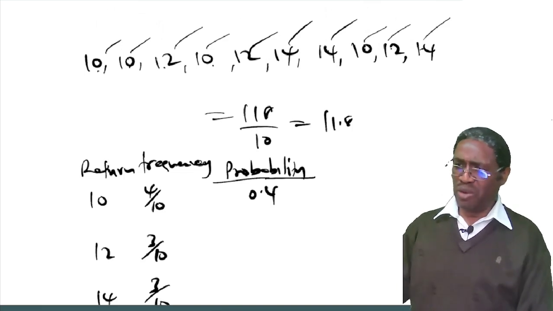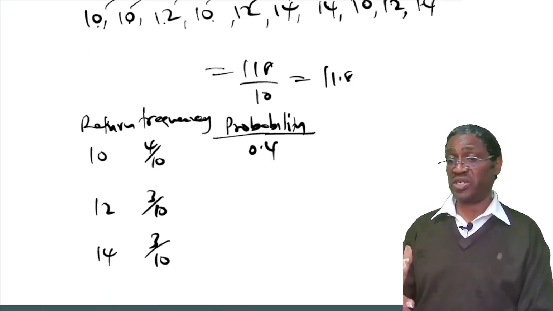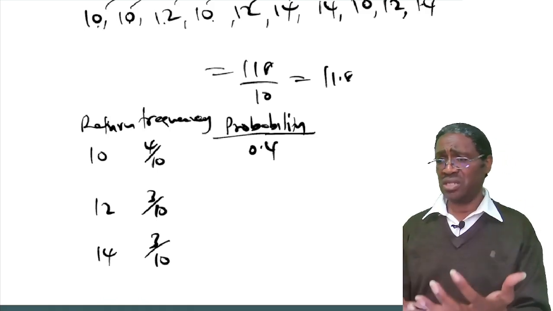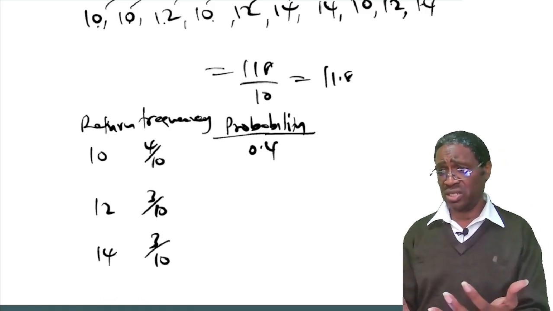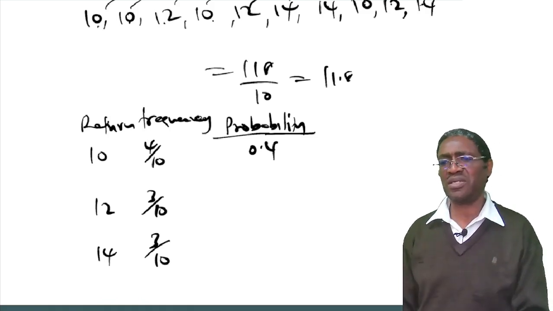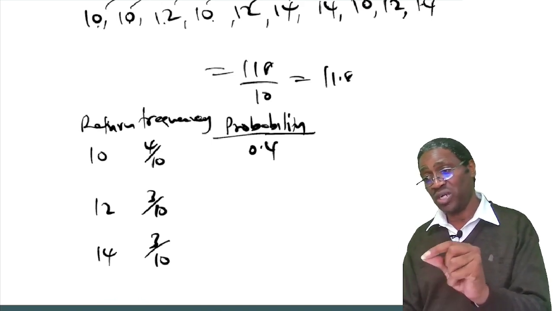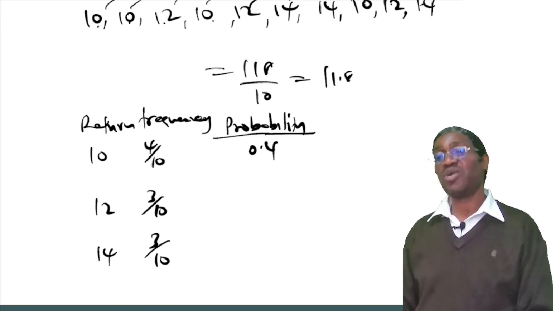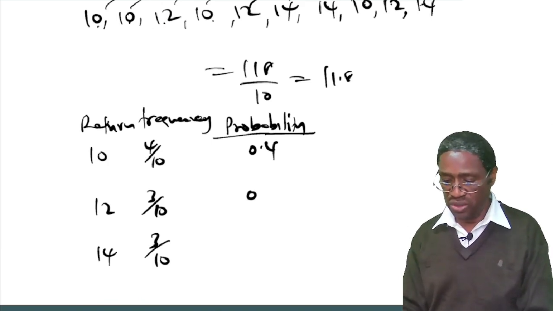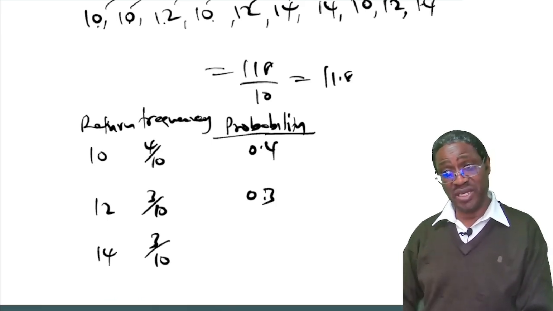Are you there? What is the probability that I'll get a return of 12%? If 12% took place 3 times in a period of 10 years, what is the probability that my next return will be 12%? It is 0.3. 3 divided by 10 is 0.3. That is the probability.